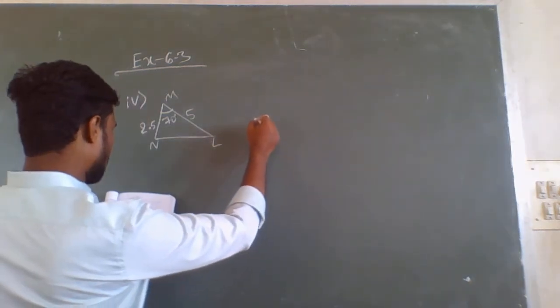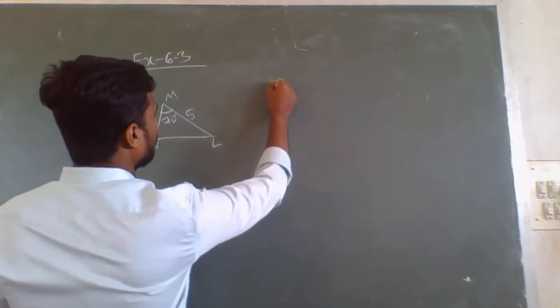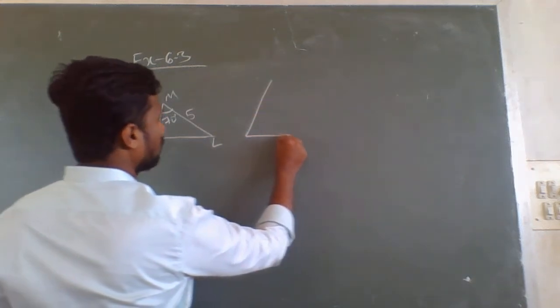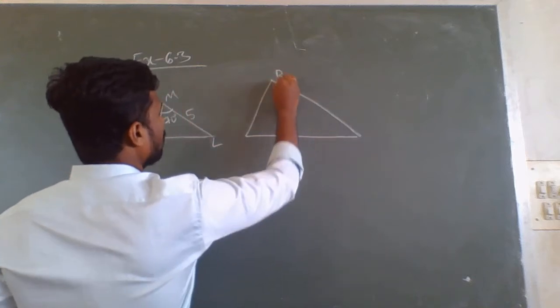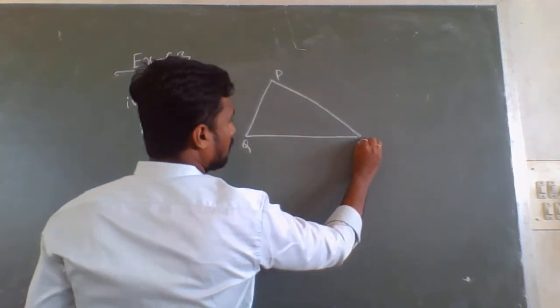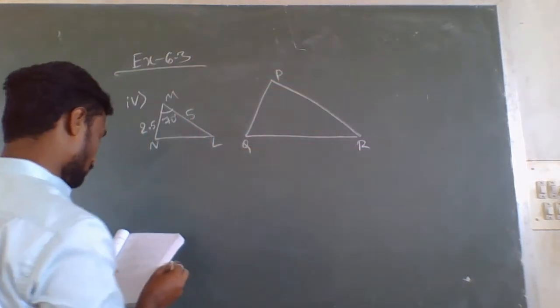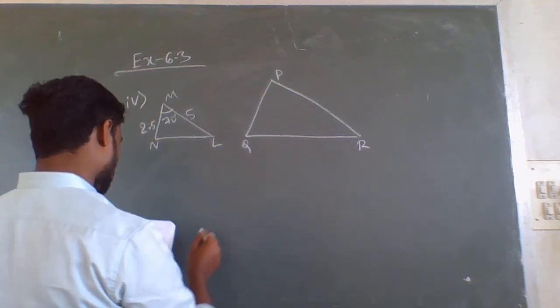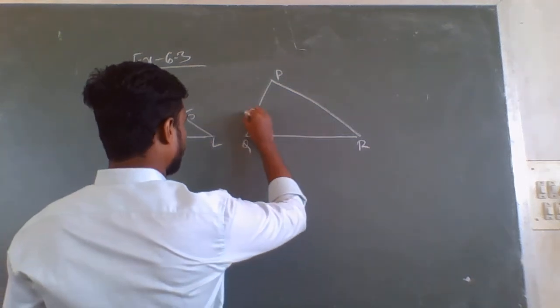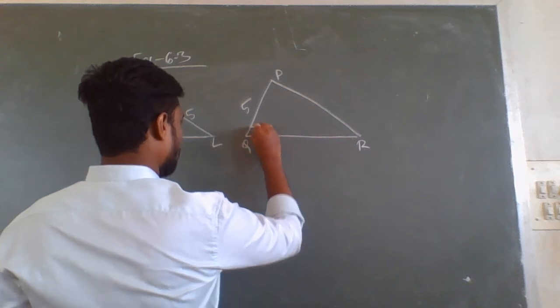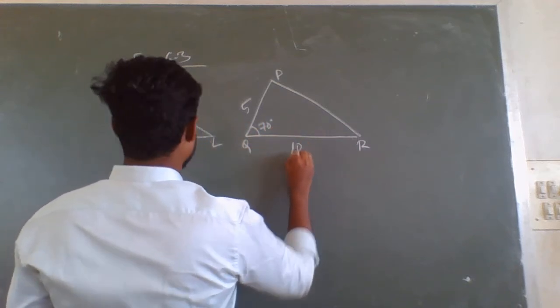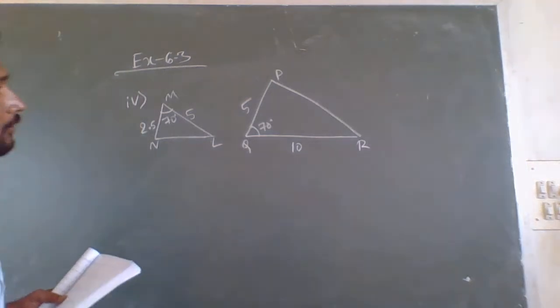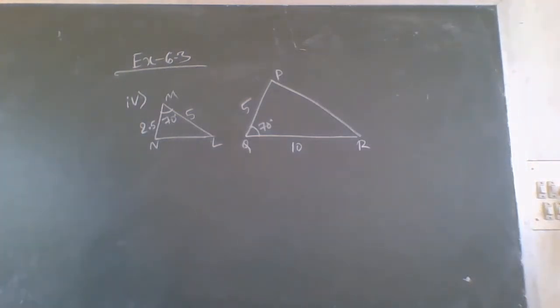And another triangle PQR. Here PQ is 5 centimeters, the angle is 70 degree, and this side is 10 centimeter.